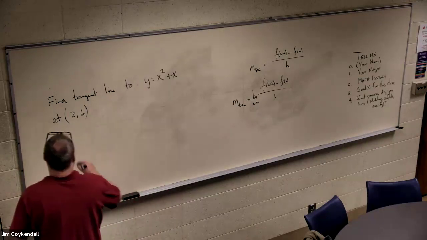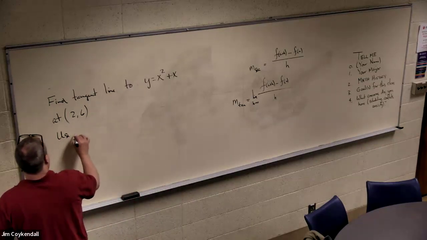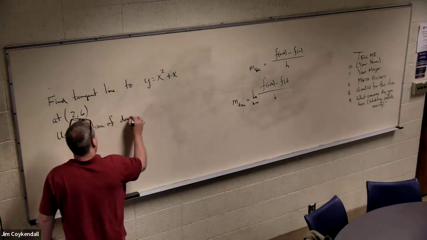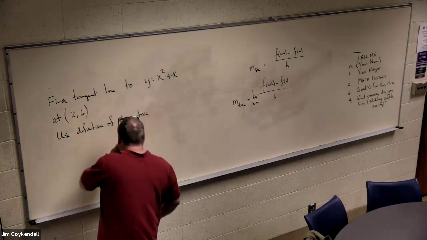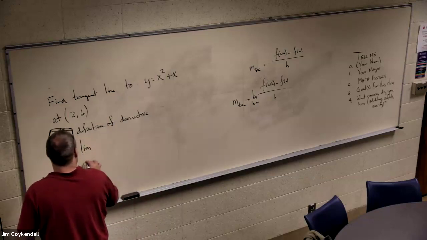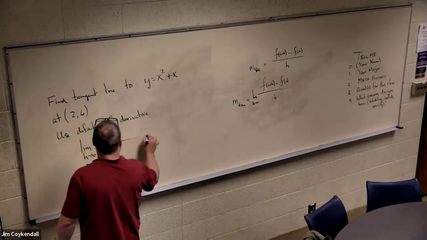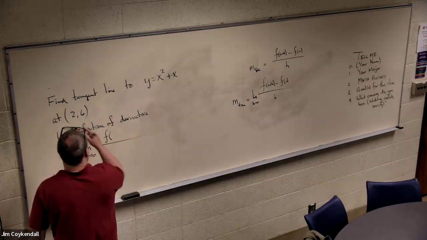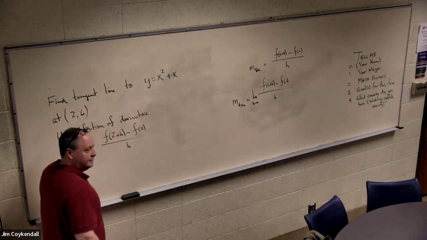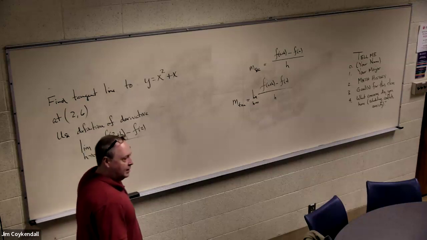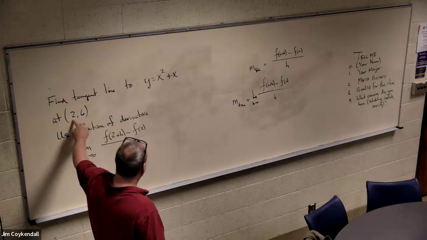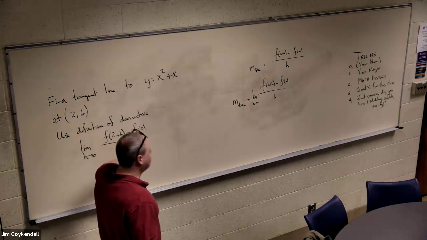Well, we need to find, let's look at the limit as h goes to 0 of f of, because what I want to do is find the tangent at x equals 2. So it should be f of 2 plus h minus f of 2.